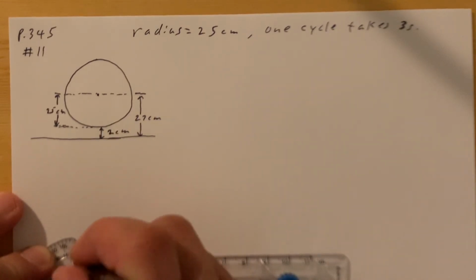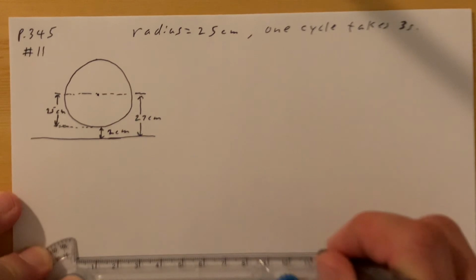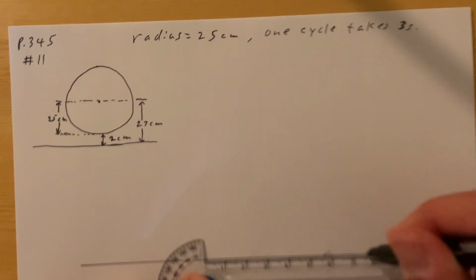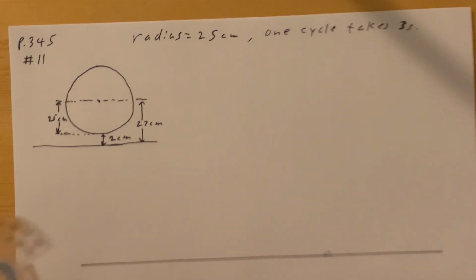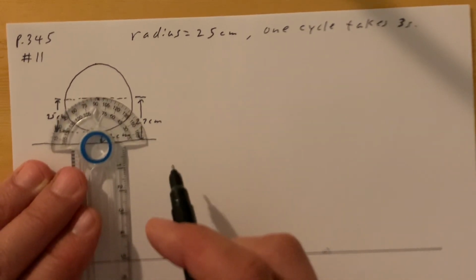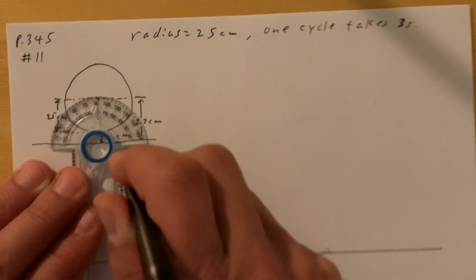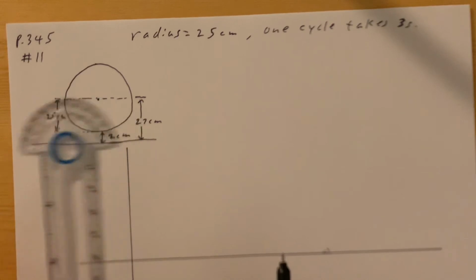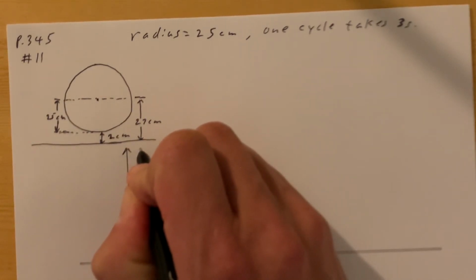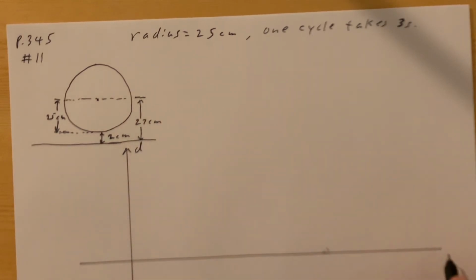So I'm going to have a low horizontal axis. It looks something like that. Now this is going to be the d-axis again, and this is the time axis.